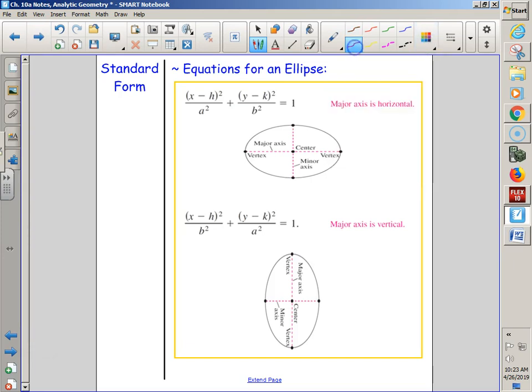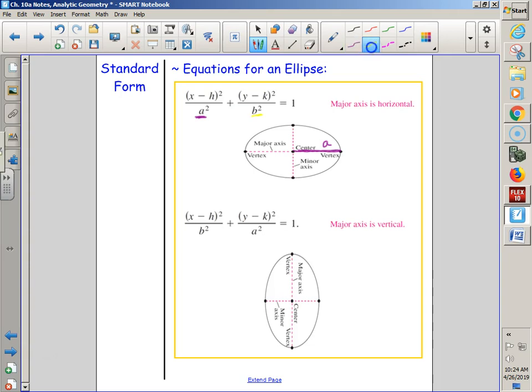I can use purple, I guess, for A. A in this one goes with the X, which means I have a major horizontal. I'm going to take away, though, the circle from the X. That's kind of nasty. The A is going to be the major radius.